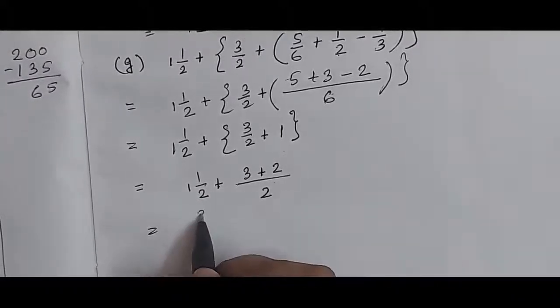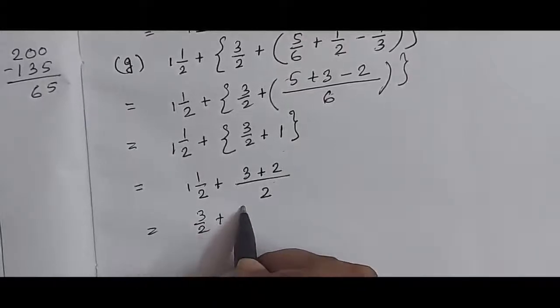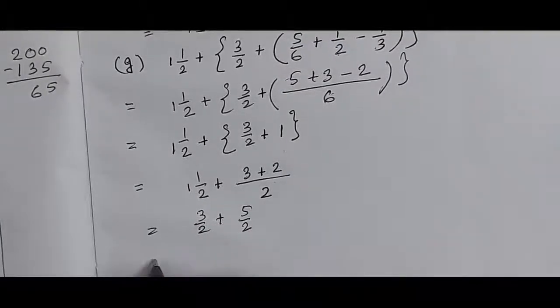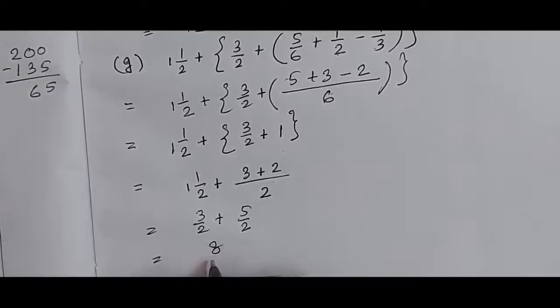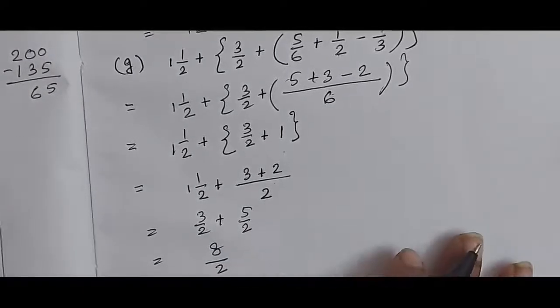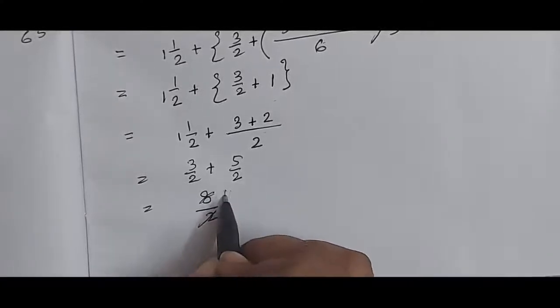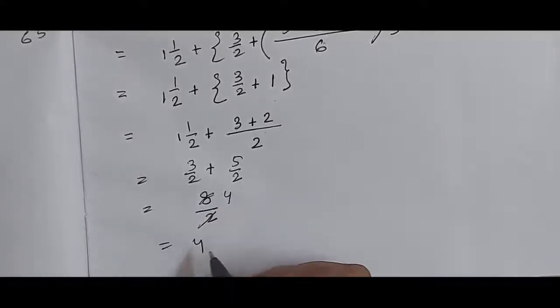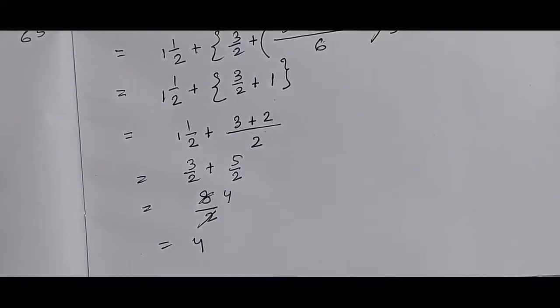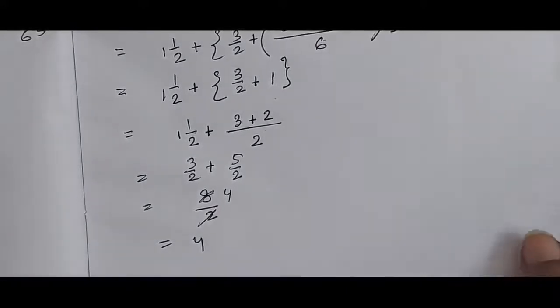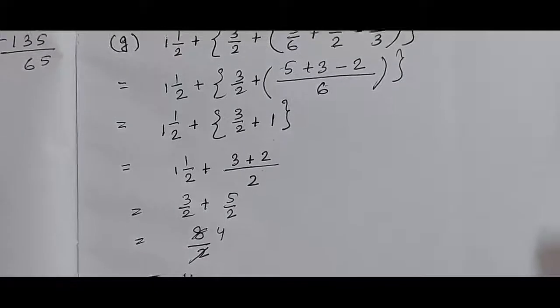So that becomes 3/2 plus 5/2. That is equal to 8/2. Now further solving, 8/2 what you get? 2 4s are 8, it gets cut. Answer is 4. Okay. So I hope this question everybody understood.